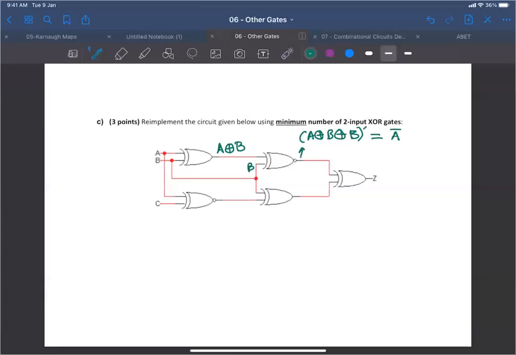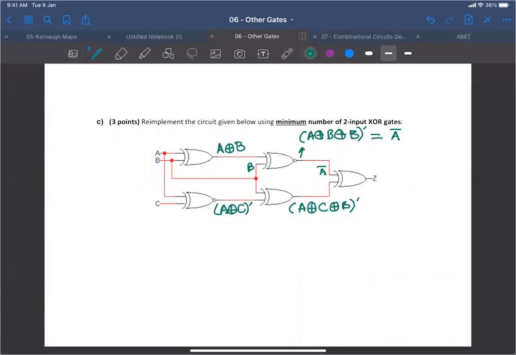So I have A complement here at the input, and for the other input of this XOR gate here, what do I have? I have A XORed with C complement, and then I have a B here, so I have A XORed with C XORed with B, and I move the complement to the outside. Do you see that?